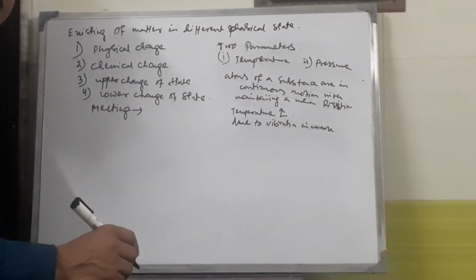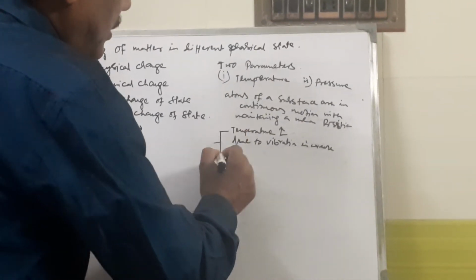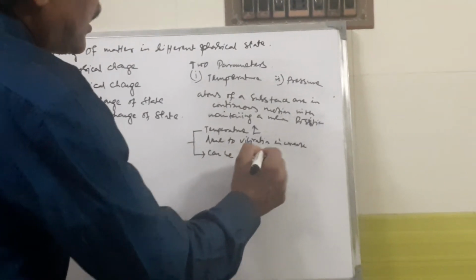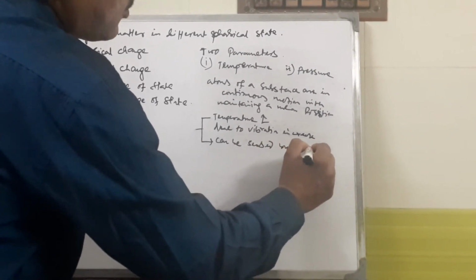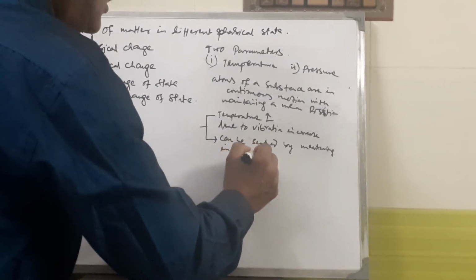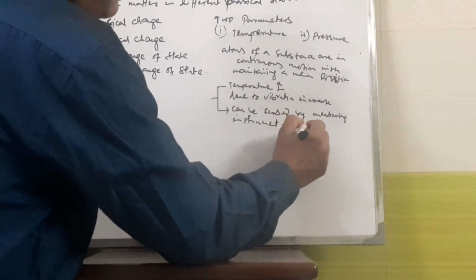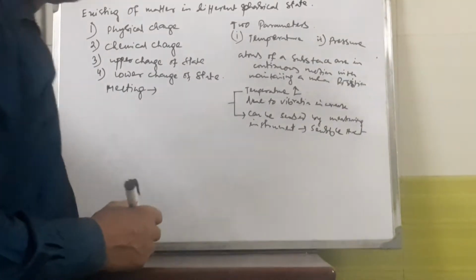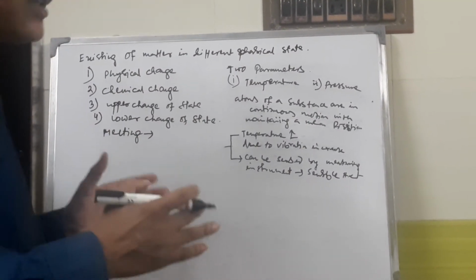This temperature increase can be measured by thermometer, pyrometer, whatever measuring instrument. That is known as the sensible part of heat, because this addition of heat can be sensed, because that is related to the increase in vibrational energy of the atoms.